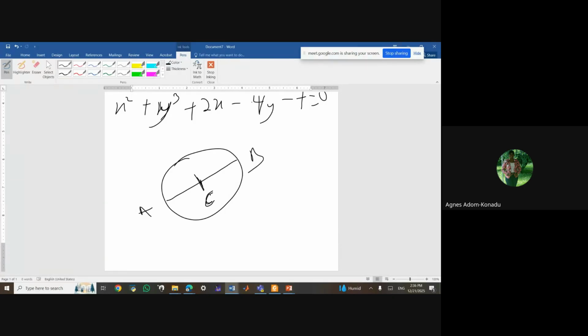And then you find the length from the center to either A or B. We know that from the center to any point is the same, and that is our radius. So first you find the midpoint, then after that you find the length between A and C or between C and B. That will be the radius. Then you use (x minus a) squared plus (y minus b) squared is equal to r squared to solve.